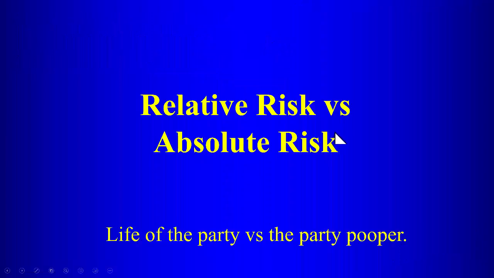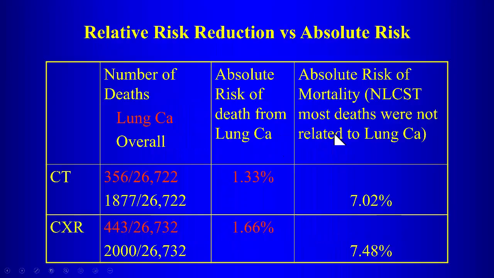So it is important to compare the difference between relative risk versus absolute risk. If we compare patients who were screened with CT versus patients who were screened with chest radiographs, looking at lung cancer incidence between those two groups, we also have the overall mortality listed.